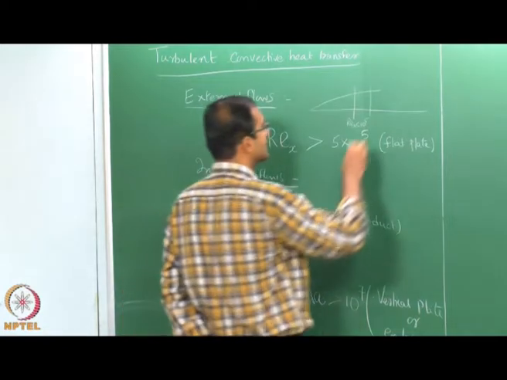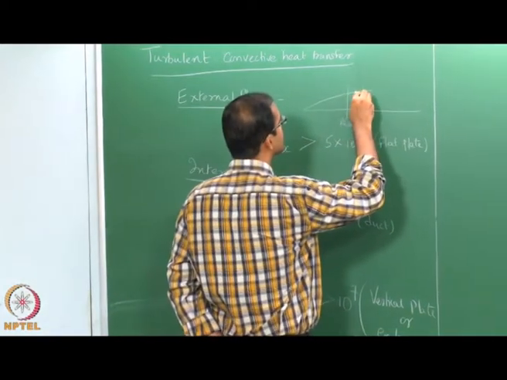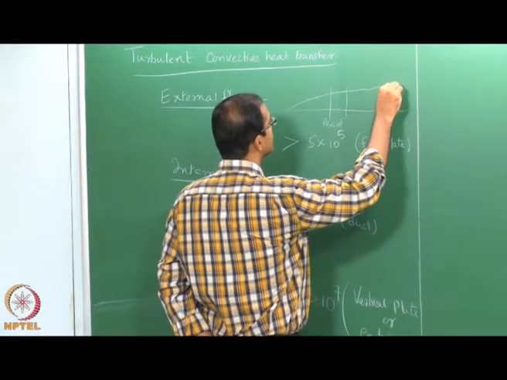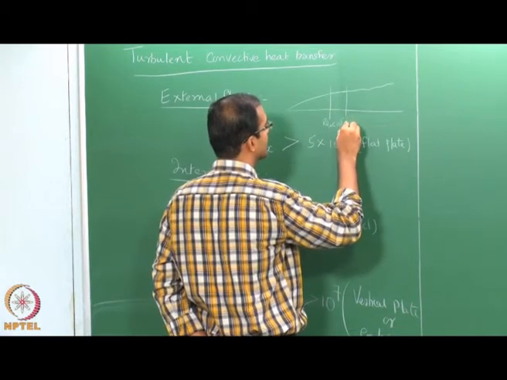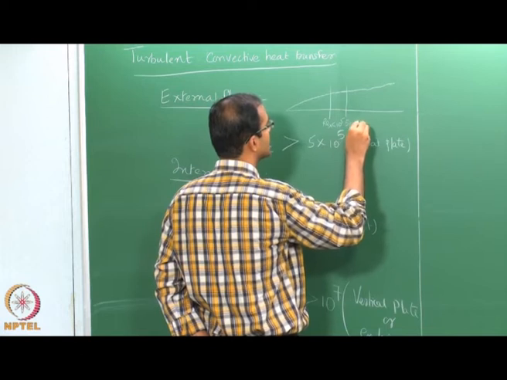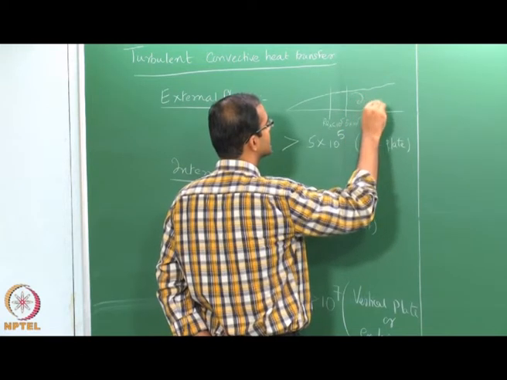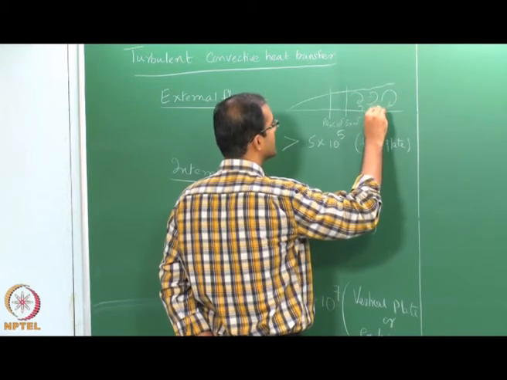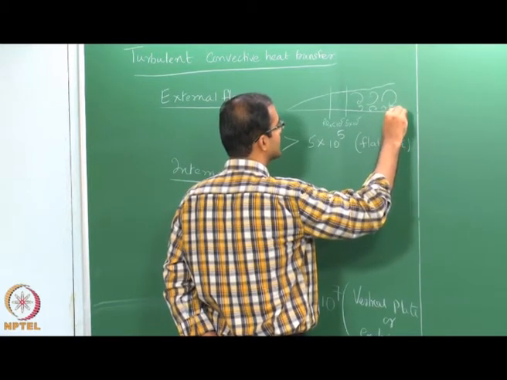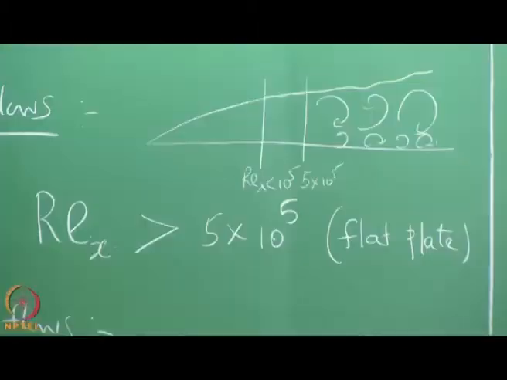Once these instabilities start, you will find in the turbulent region, where the Reynolds number is greater than 5 into 10 power 5, motions which are definitely not streamlined, and not only that, you will see several structures, several large eddies of all length and time scales.